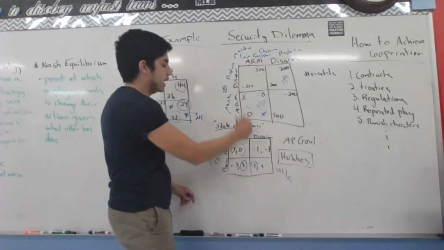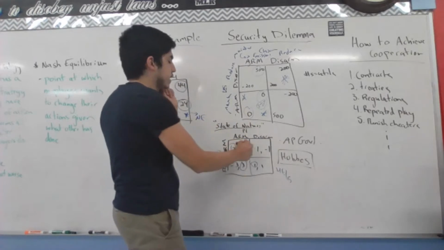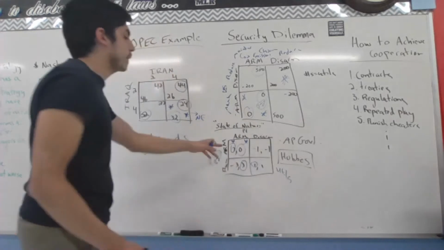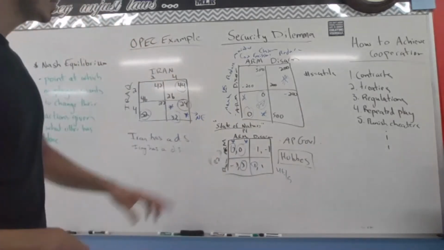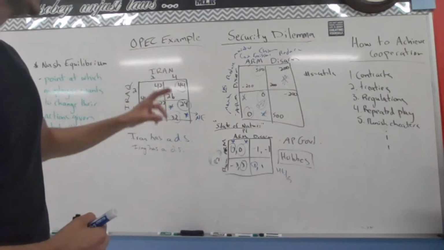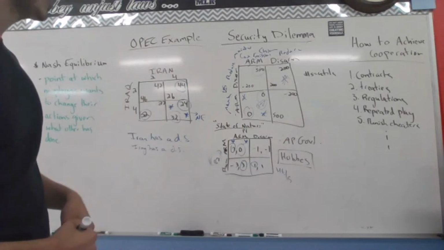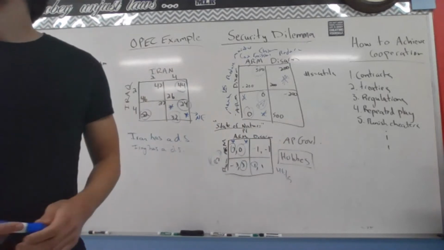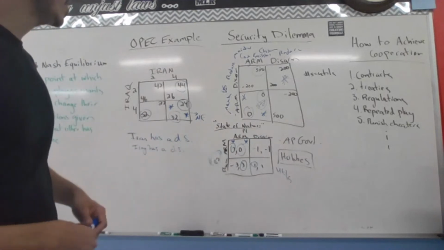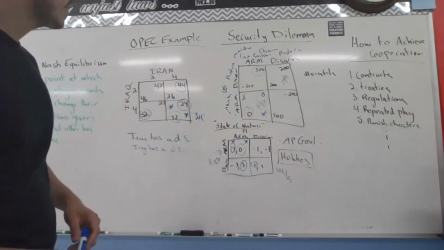So player 1 has a dominant strategy, and this yields a Nash equilibrium, right? Because player 1 has a dominant strategy. So it only takes one player to have a dominant strategy to find a Nash equilibrium, a situation in which neither player has a regret about the strategy that they played, right?